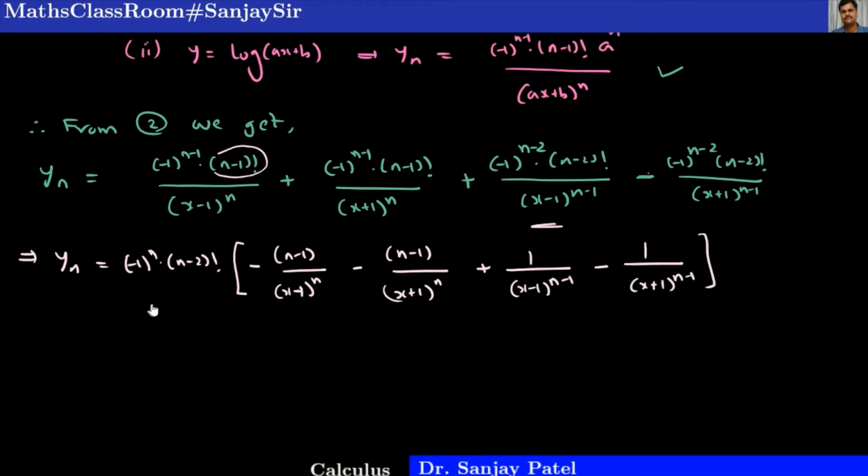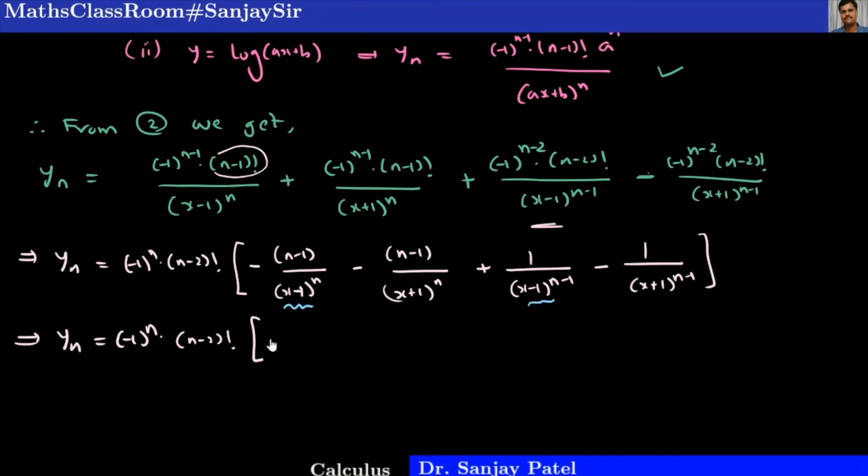Okay, and this implies we get yn is equal to minus 1 raised to n into n minus 2 factorial into, now taking the terms containing x minus 1 together and x plus 1 together. So this is one term containing x minus 1, another term is this.